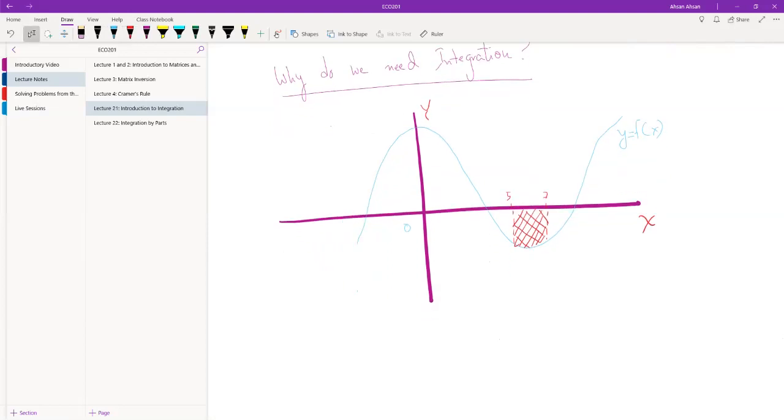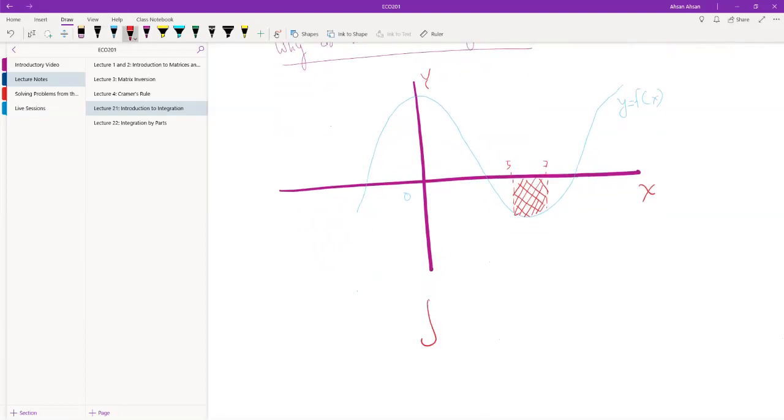So what we do then is we integrate f(x) with respect to x inside the range 5 and 7. And that gives us the area that I have just marked out. That's what integration is. So let me erase this. Oh, erase the curve as well. Okay, I'll just try it again.